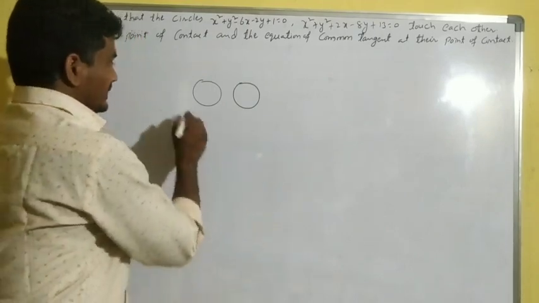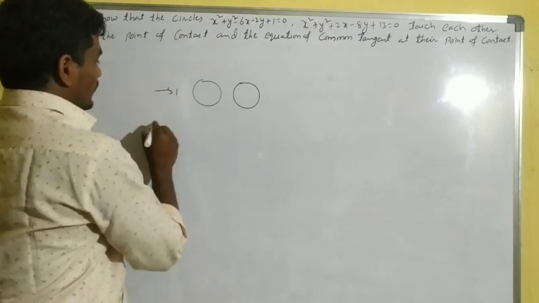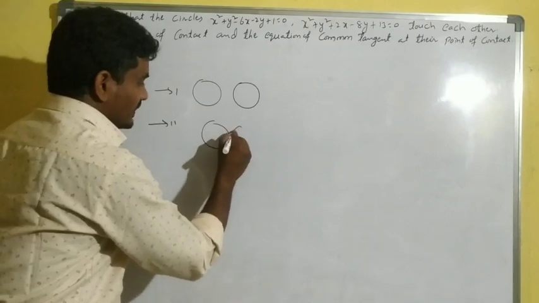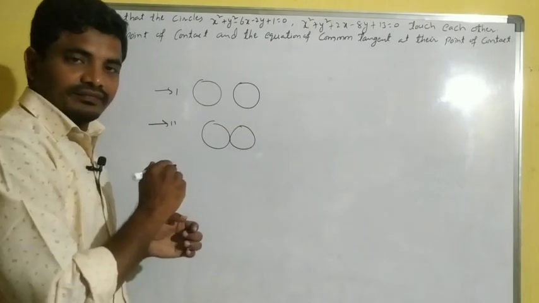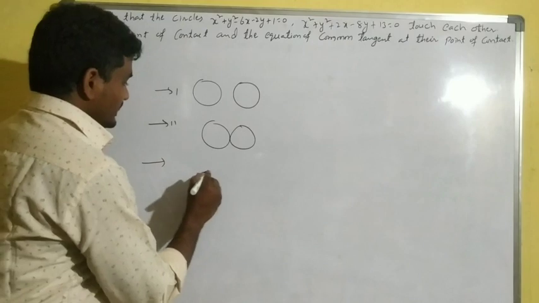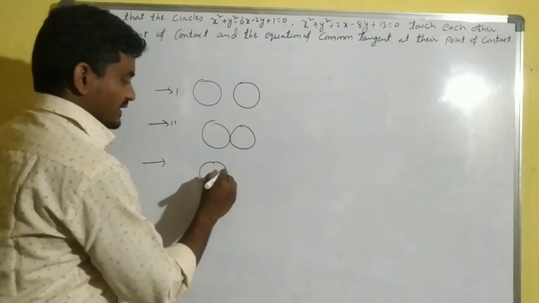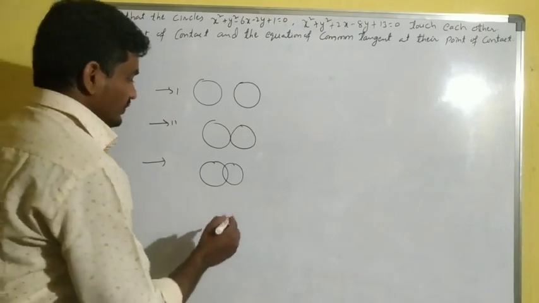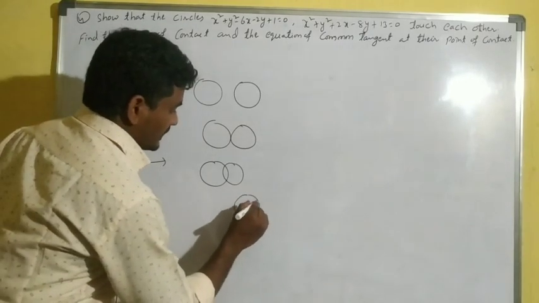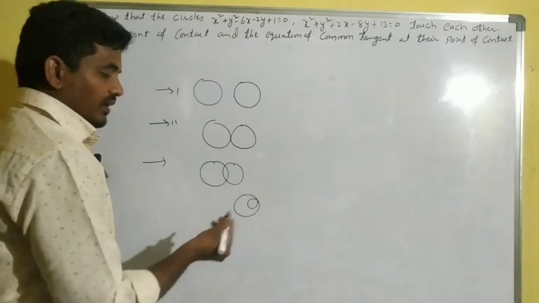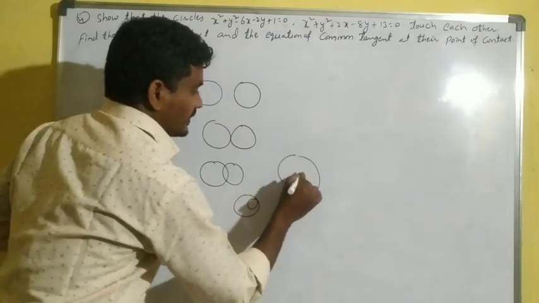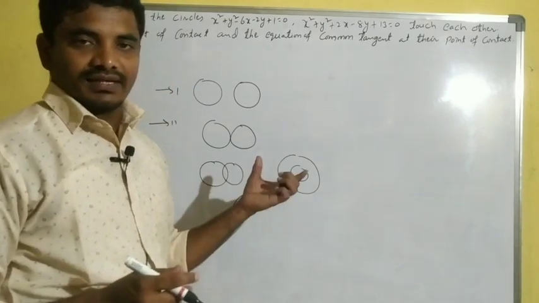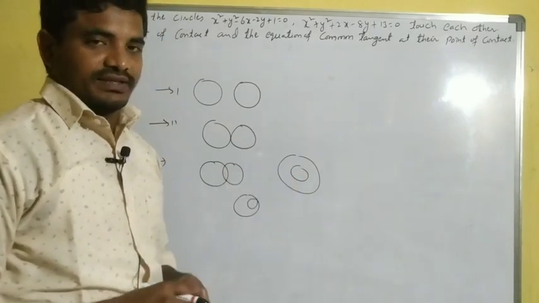The second case is that the two circles intersect externally, and the third case is the two circles intersect at two points. Next, the two circles intersect internally, and next, one circle is inside the other circle and the two circles do not intersect.